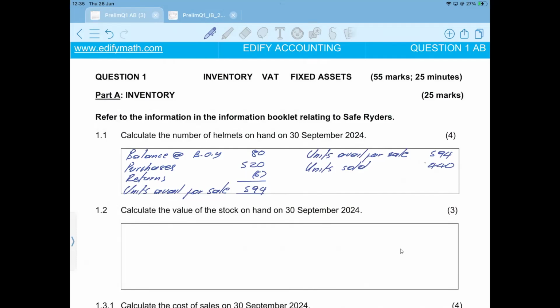Now, the difference between what we have available to be sold and what we actually sold will be units on hand. How do we get this? You will take units available to be sold minus units that were actually sold.